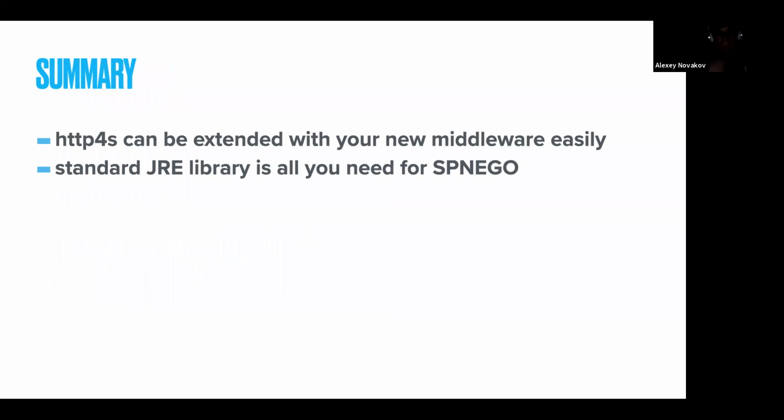And in summary, what I want to say is, first of all, http4s is really easy to extend with your new middleware, especially if you plan to reuse this middleware in another project. It's nice to pack it into a library, maybe an internal library, and use it everywhere. And second, you can actually implement the Spinnaker authentication using just Java.